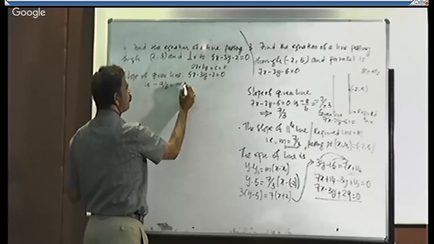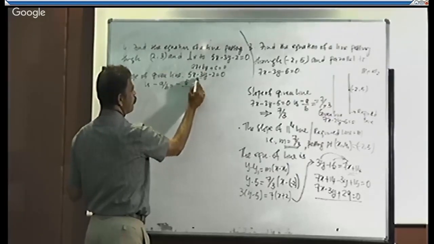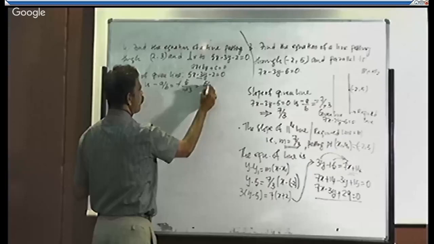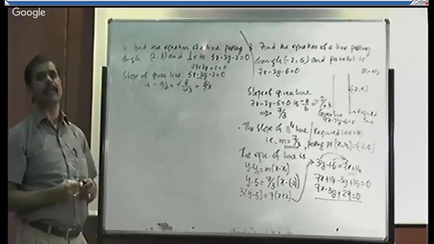A is equal to 5. B is equal to what? Here in place of plus b we have minus 3. So plus minus cancel. The slope of the given line is 5 divided by 3.